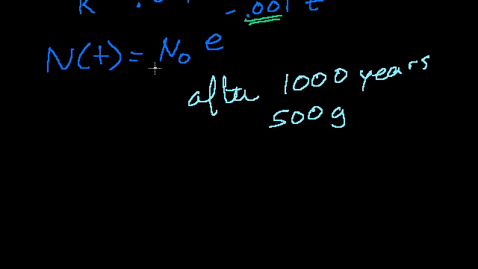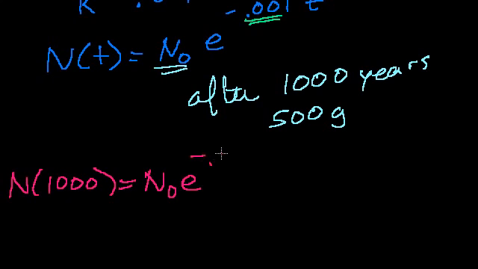So essentially I need to figure out n sub 0, right? I'm saying that after 1,000 years, so n of 1,000, is equal to n sub naught times e to the minus 0.001 times 1,000, right? That's the n of 1,000.